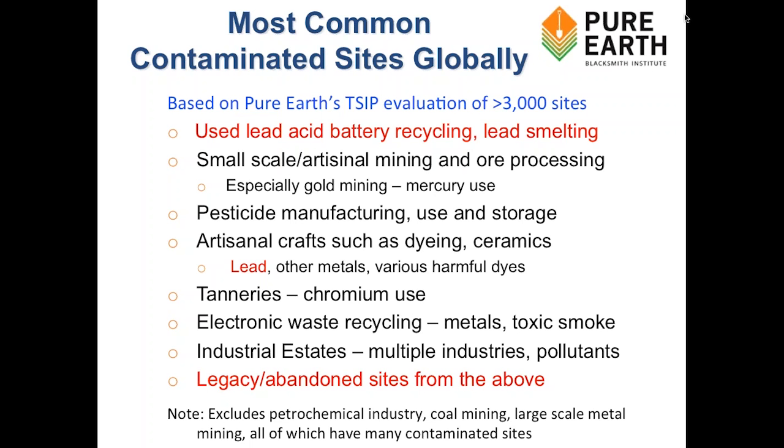And right up there on the top is used lead acid battery recycling and lead smelting. Lead also shows up as a key contaminant in artisanal crafts, such as dyeing and particularly ceramics. And then there's the abandoned sites from mining, used lead acid battery, and other sources that are also important in lead contamination. So this is a major issue globally.